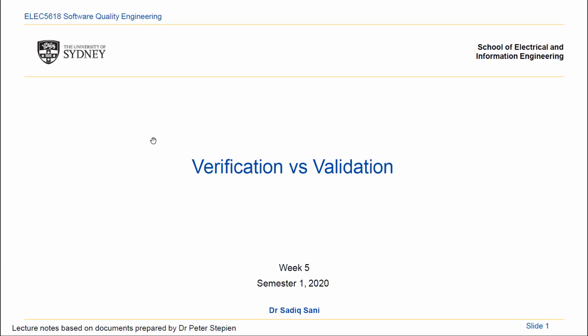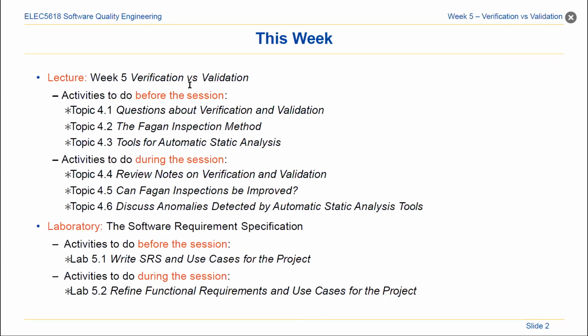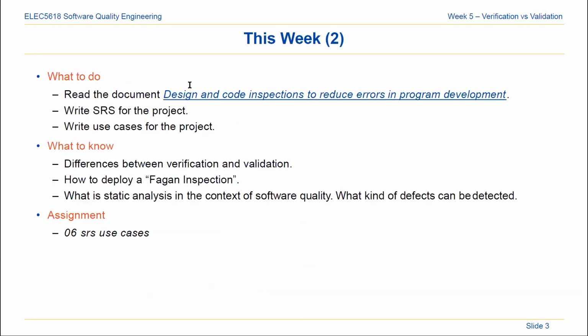Not a problem. For the week 5 lecture, we're looking at verification and validation. We're going to talk about notes on verification and validation, discuss the further code inspection method, and also automatic static analysis tools.